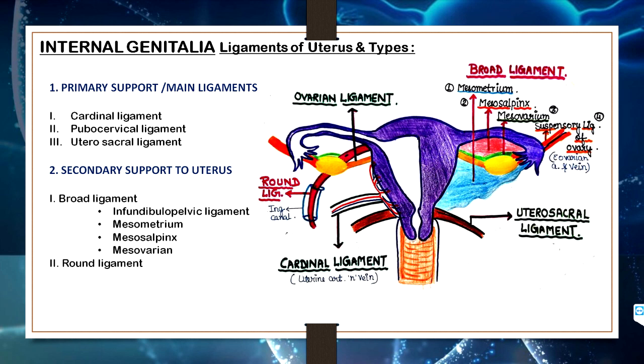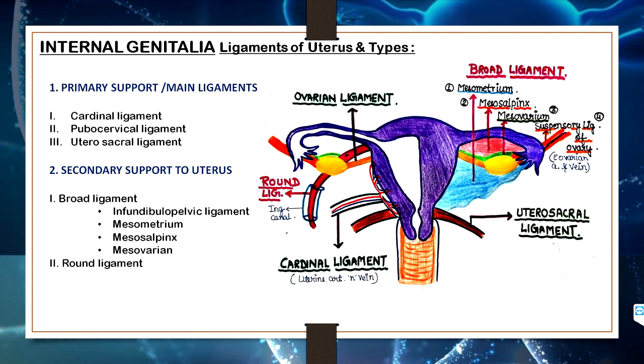They are paired ligament present on each side of the uterus, and this ligament is also situated between the layers of the broad ligament. So between the layers of the broad ligament, you will see the round ligament is also there. And it connects cornua of the uterus to the labia majora.